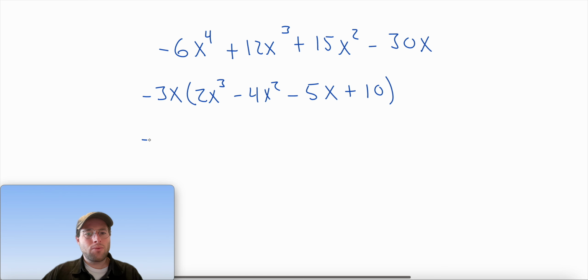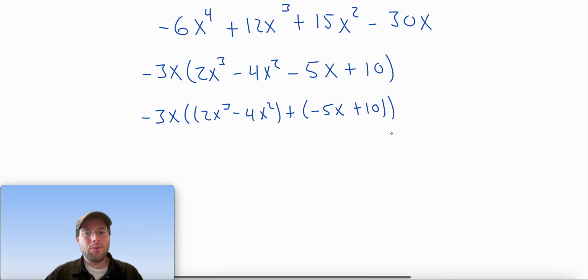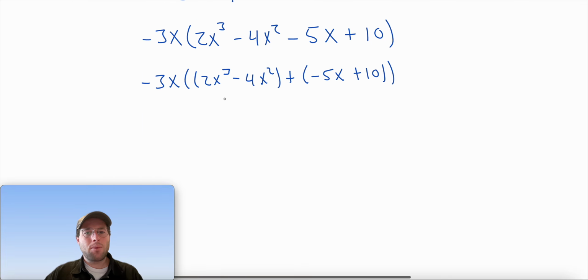So we're going to group our two terms together like we did in the previous part. So let's see here. We're going to have 2x to the third minus 4x squared. Then we're going to group these two together. So plus negative 5x plus 10. And then we want to take out the greatest common factor from each of these here.